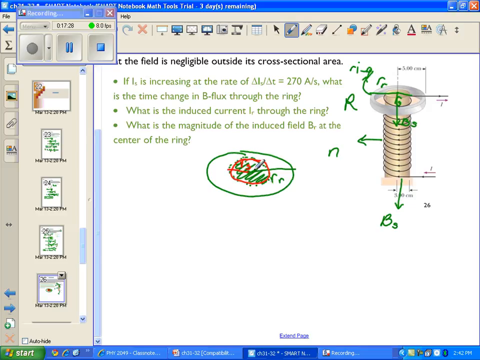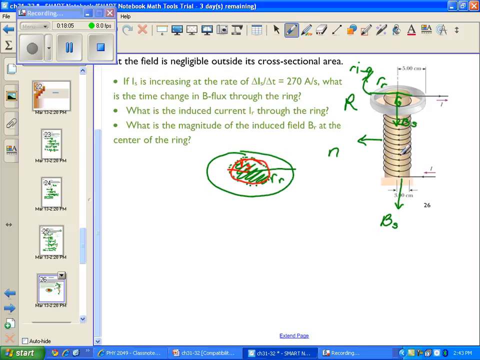Now, to get an EMF through the ring, we need to have the magnetic flux through the ring changing in time. Well, here's where the problem begins for us. We are told that the current through the solenoid changes in time at a rate of 270 amps per second. And we're asked to determine the changing magnetic flux through the ring as a result of the current through the solenoid changing in time.